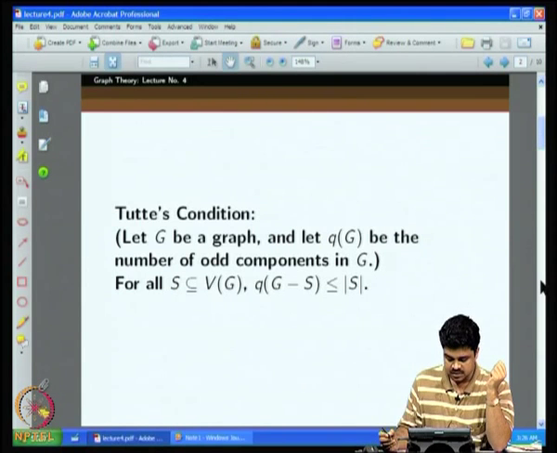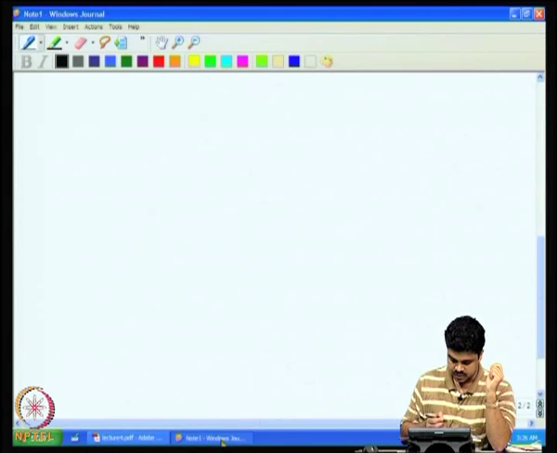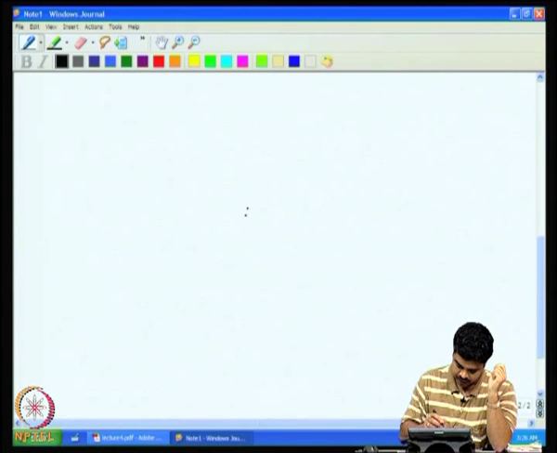What is that condition? Let G be a graph. It need not be a bipartite graph now. We say Q of G is the number of odd components in G. What do I mean by odd components? Let us take a graph.